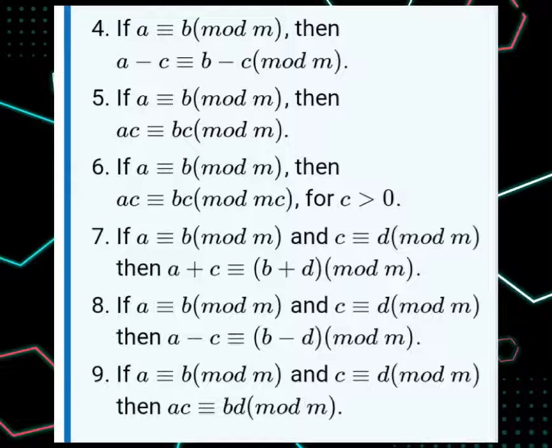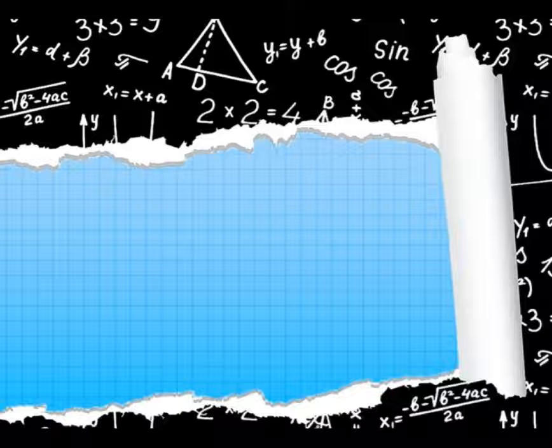Number 8. If a is congruent to b mod m and c is congruent to d mod m, then a minus c is congruent to b minus d mod m. Lastly, if a is congruent to b mod m and c is congruent to d mod m, then ac is congruent to bd mod m.